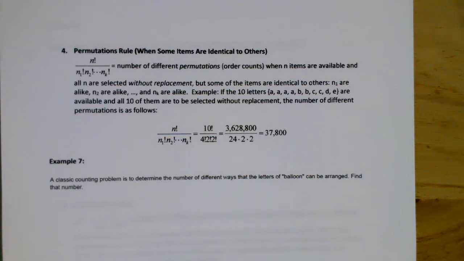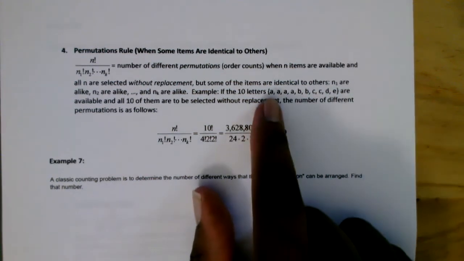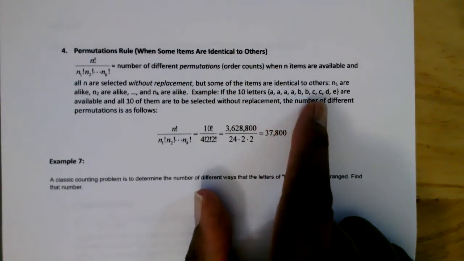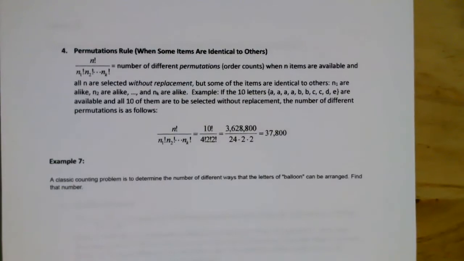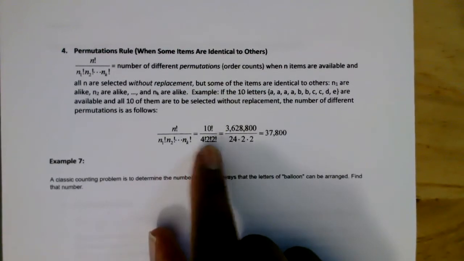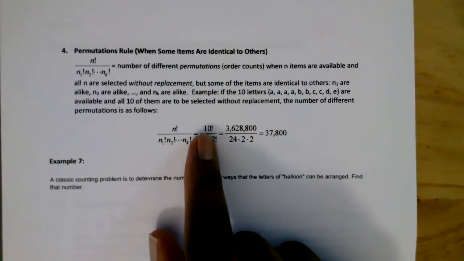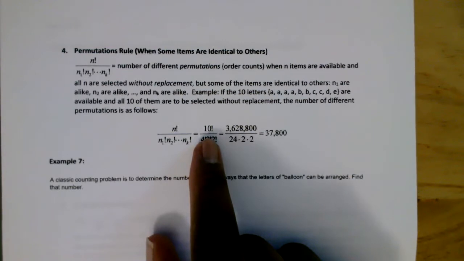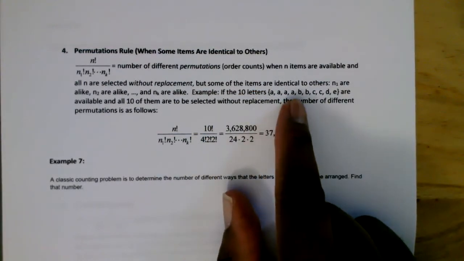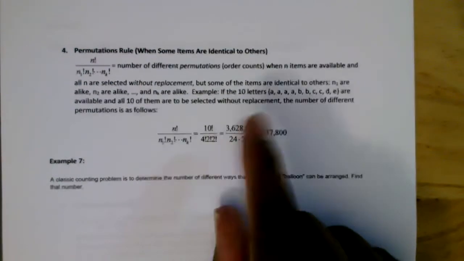Example of that would be this. If 10 letters, where we have A, A, A, A, B, B, C, C, D, E, are available and all 10 of them are to be selected without replacement, then the number of different permutations will be as follows. And this will be it. The numerator is n factorial, there are 10 letters, so that's 10 factorial. Notice that these 4 A's are alike. So that's 4 factorial.